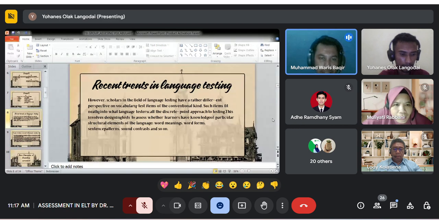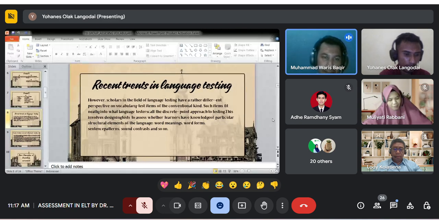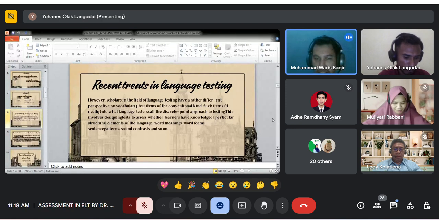So we move to recent trends in language testing. However, scholars in the field of language testing have a rather different perspective on vocabulary test items of the conventional kind, such as items that fit neatly into what we can call the discrete point approach to testing.